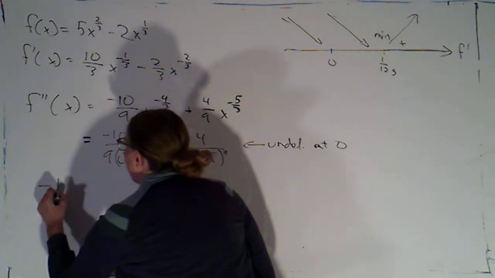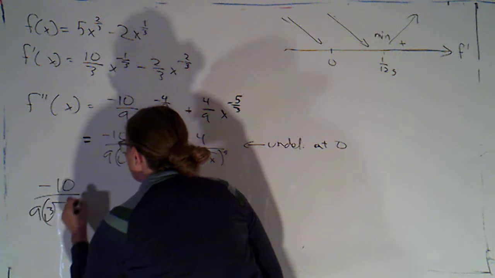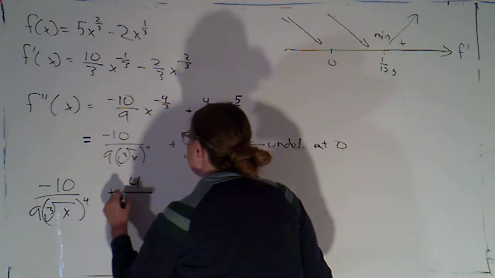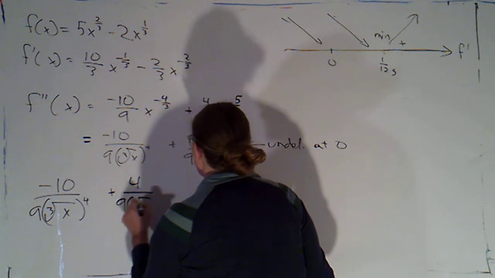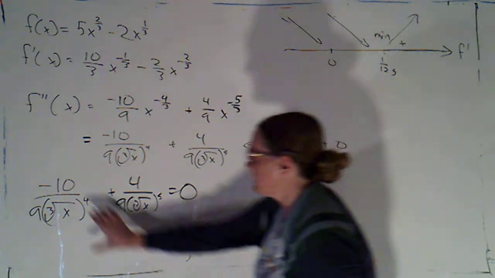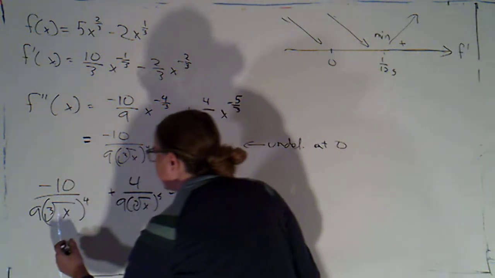So I do need to look, though, at all the places where it could change sign, which includes 0 where it's undefined, and also any place that would make it 0. So I'm going to do the same thing I did last time. I'm just going to bump this term over so that I can cross multiply to get rid of the denominators.